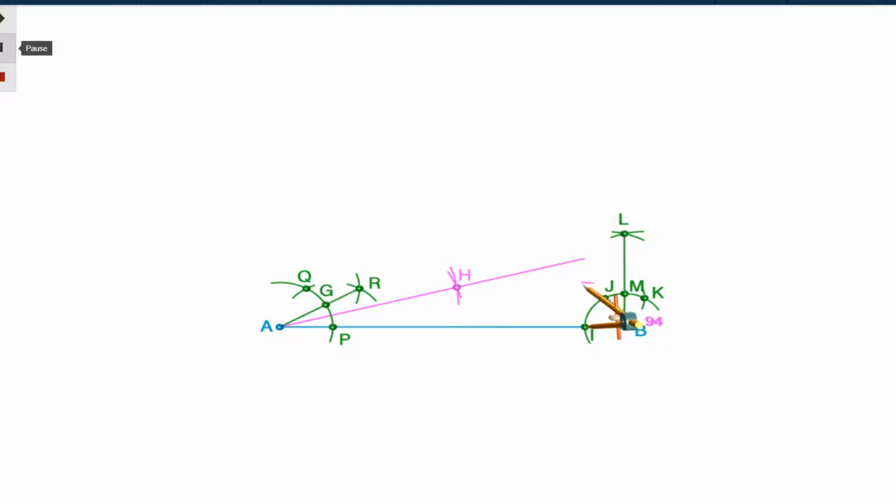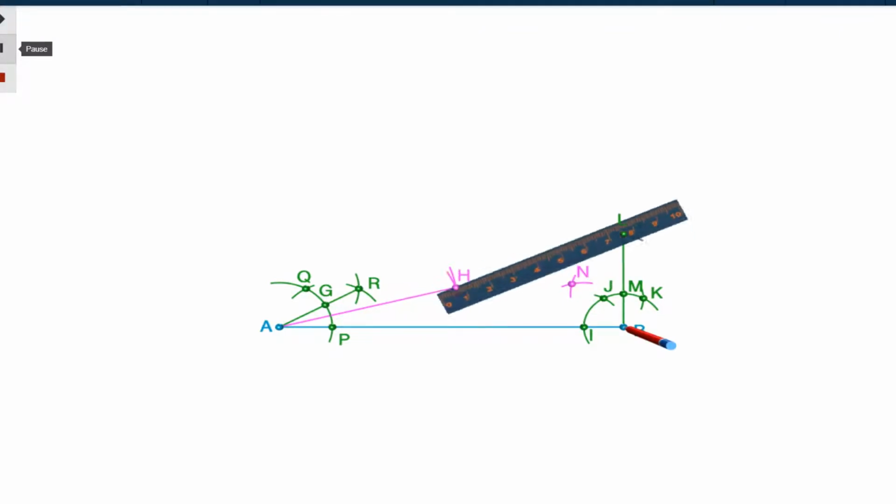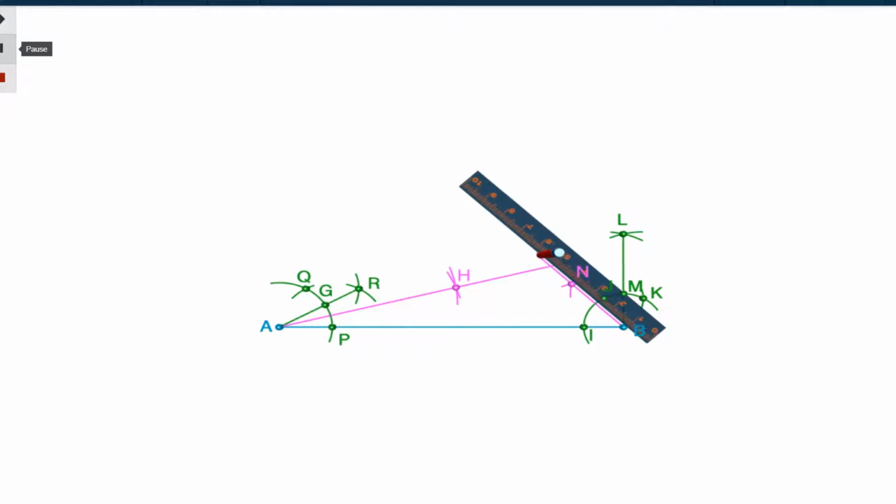Similarly, we have to bisect angle B. So we have to bisect arc IM. So with centers I and M, and the same radius, any convenient radius, but the same radius. It should be more than half of IM, otherwise it will not cross. Now join BN.